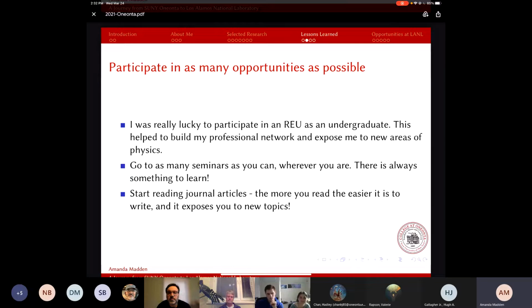Another thing is reading journal articles, and this is twofold. The more you read journal articles, the easier it is to actually write them when it comes time to do that. But it also exposes you to new topics that you might not know you're interested in ahead of time. I found that to be one of the more difficult things in choosing a graduate school, because I thought really strongly that I wanted to go into theory, like the work I had done with Dr. Fox, but I wasn't 100% sure.